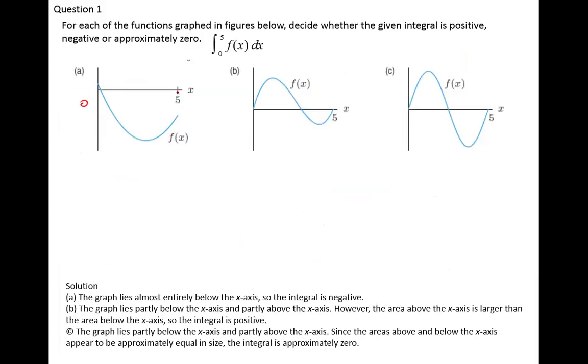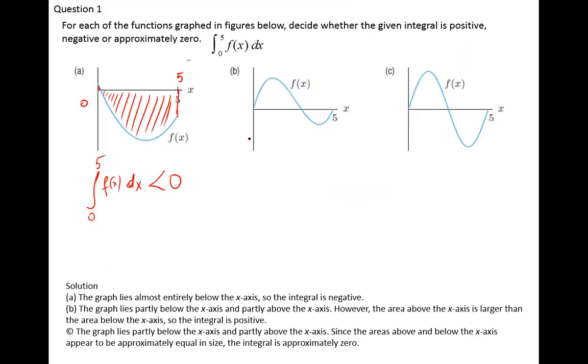That means between 0 and 5. We have a little bit here and here. Do you think this integral for part A is positive or negative? Who can tell me this? This is just an integral. No application, no areas. Of course, it's negative.